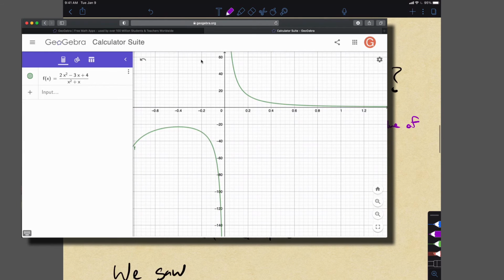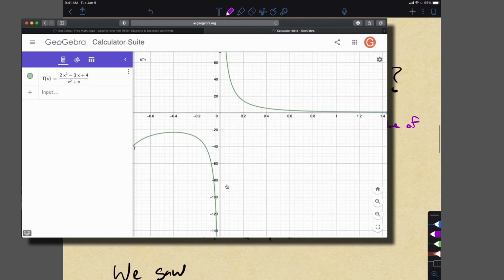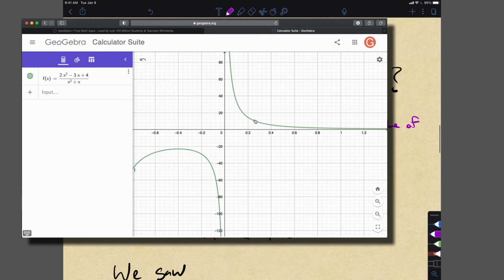From the left, the y value grows and grows in the negative direction, getting close to the y-axis, but again, never crossing it because x equals 0 is not in the domain of this function. So we've got an infinite limit as x goes to 0 from the right, and a negative infinite limit as x goes to 0 from the left.